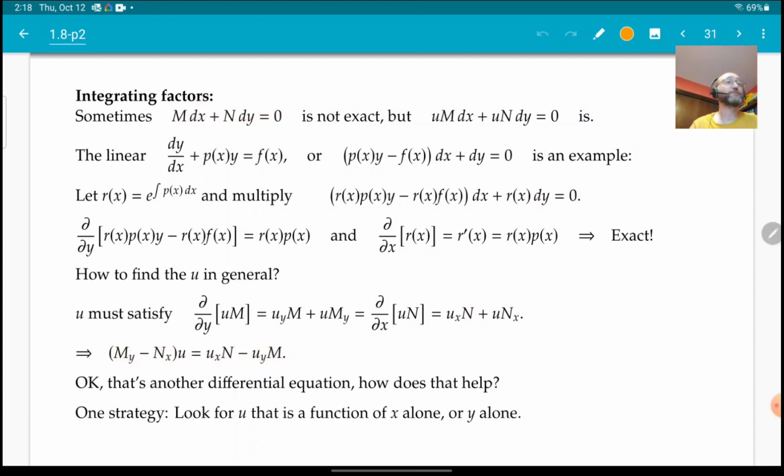Well, one strategy. In general, it's going to be hard to find the u. But again, this is not going to be something that works all the time. This is going to be something that works some of the time, right? So one strategy where we can find u is to look for when u is a function of x alone.